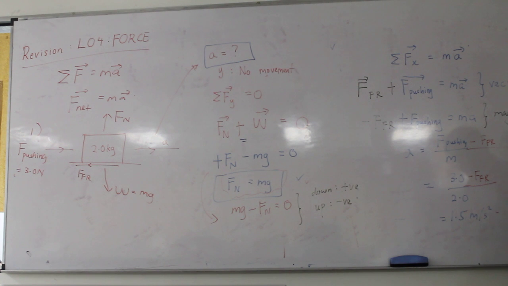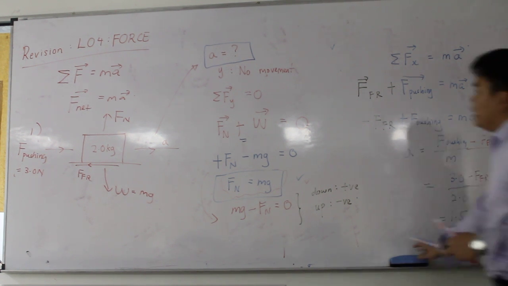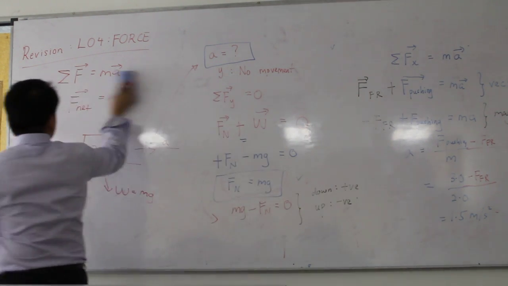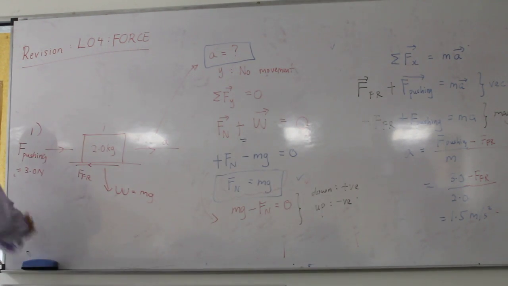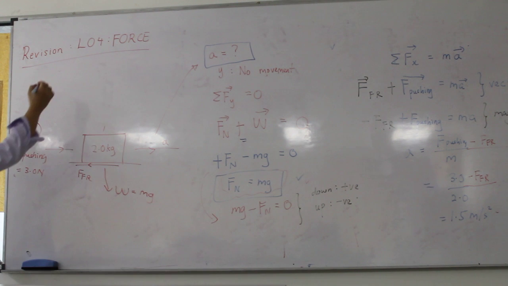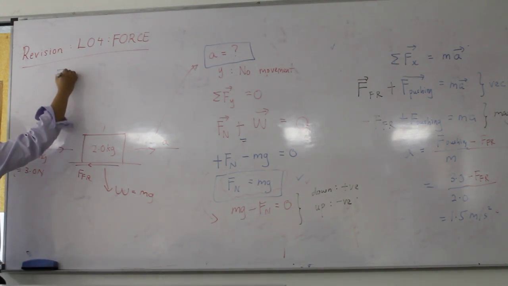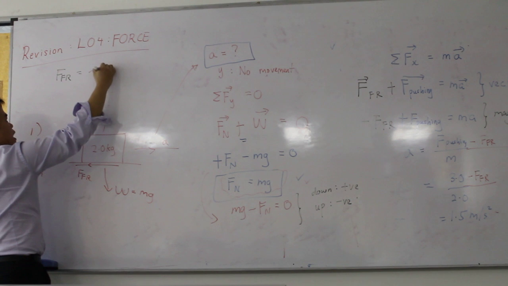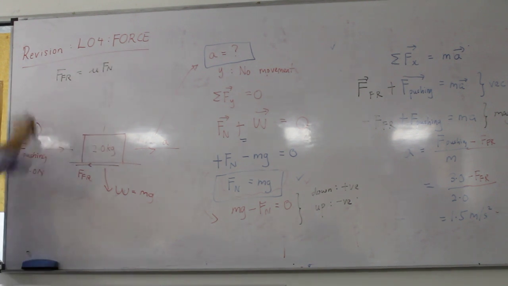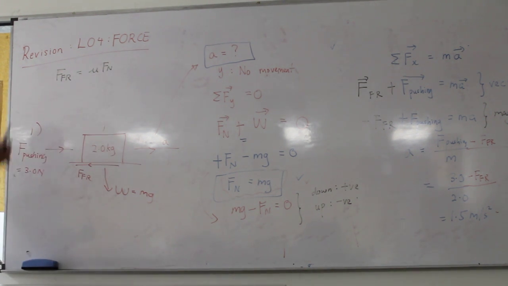So maybe you will ask, what is the formula of FFR? FFR basically is just mu Fn. Fn stands for normal force. You have two types.